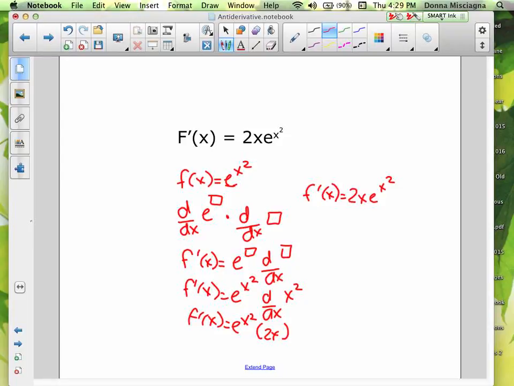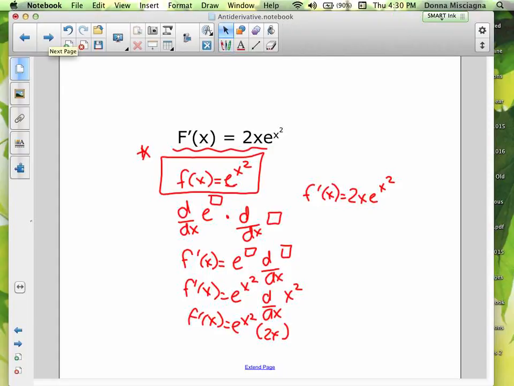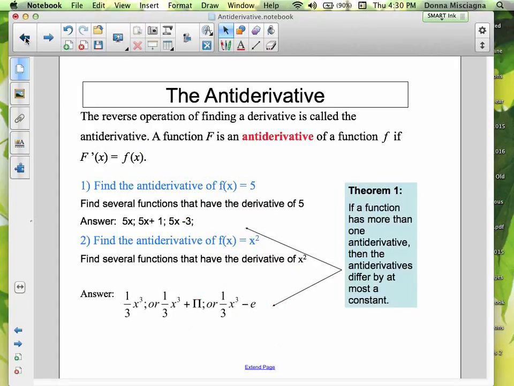Okay. So, if you said this was the function that has this as its derivative, you are correct. And that's where I'm going to stop.